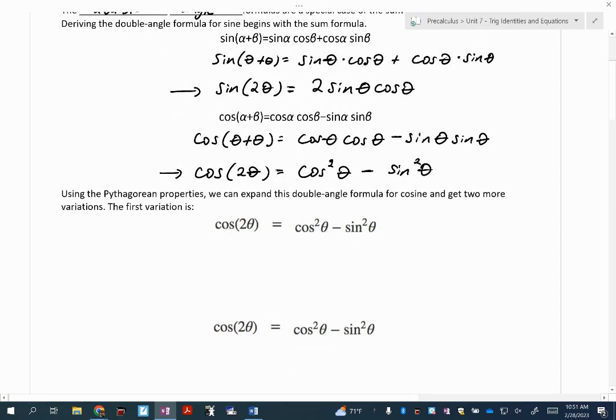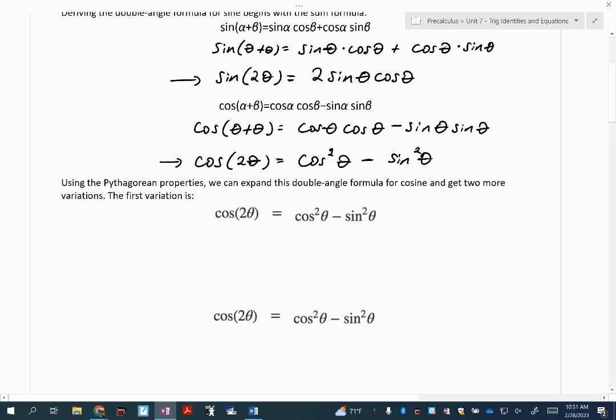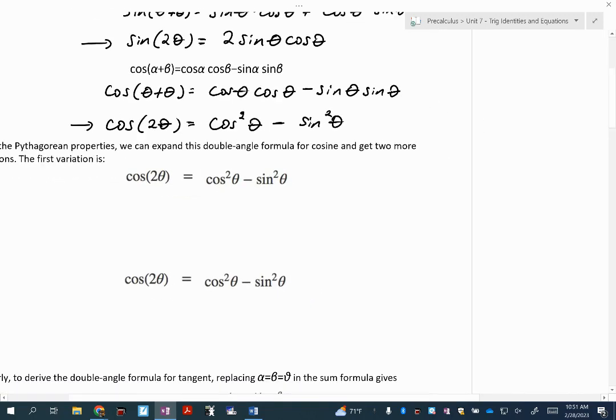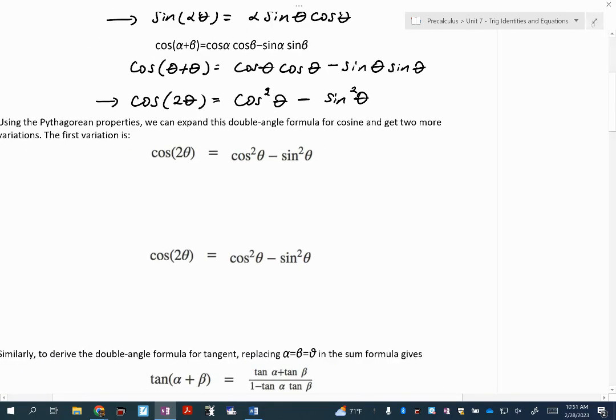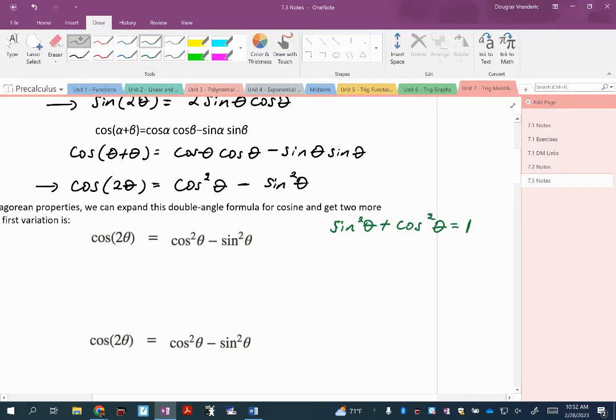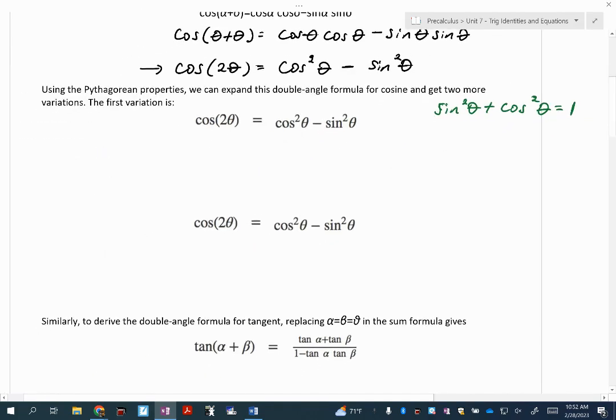Now, because of one of our Pythagorean identities from the very first lesson in this unit, we can take this cosine of 2 theta and rewrite it in two extra ways. Sine squared plus cosine squared equals 1. If we manipulate that, I don't care in which order you do this.